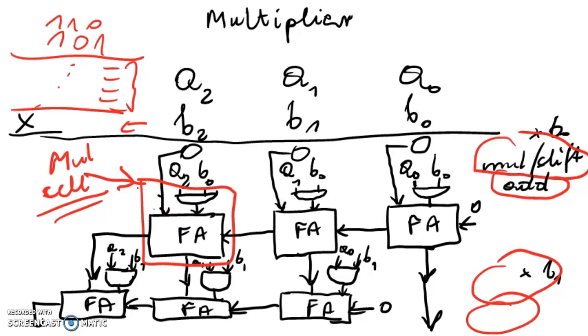We have only an adder which can add two numbers together. Try at home as a practice. For practice, simply deliver the full, complete diagram of a 3 by 3 bit multiplier. Thank you.